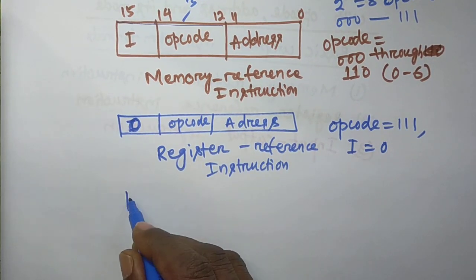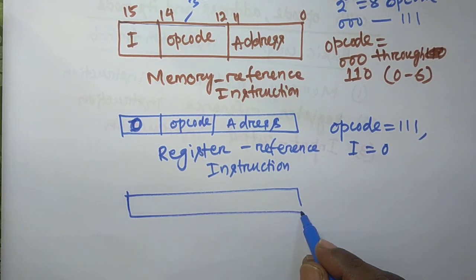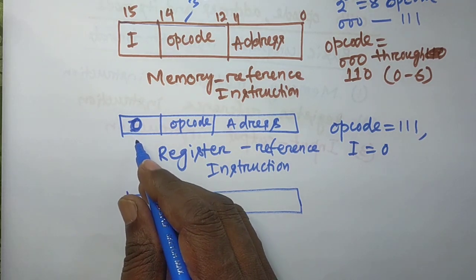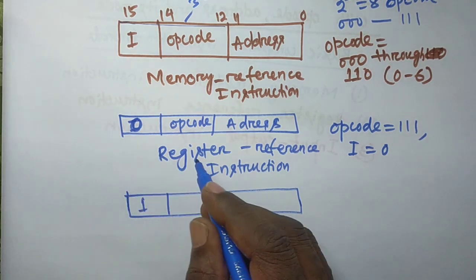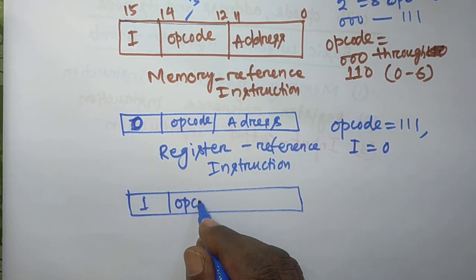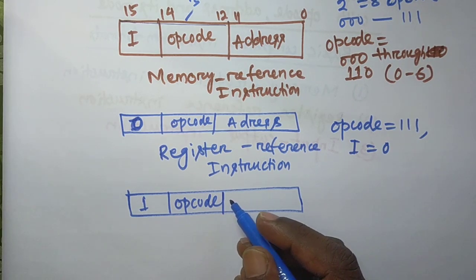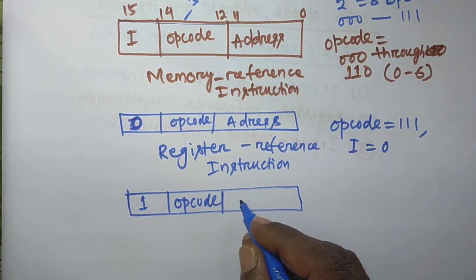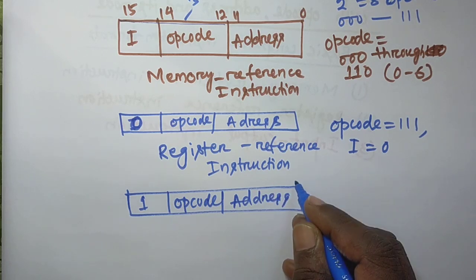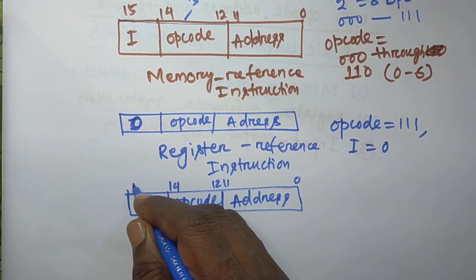Similarly, if we go through another very simple way, here is 1, here is 0, if it is 0, then it is called a register reference instruction. If the mode is 1, okay, and address, there is no problem, 0 to 11, here 12 to 14, here is 15.